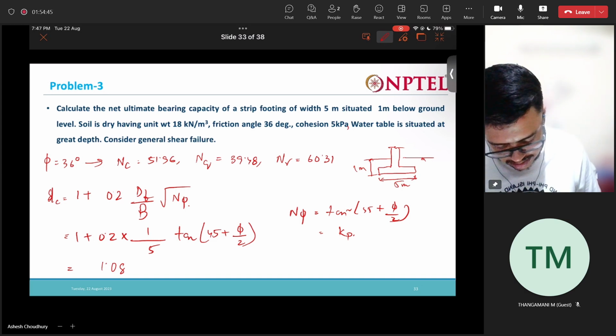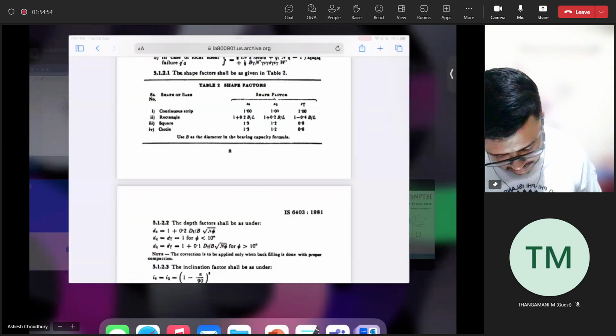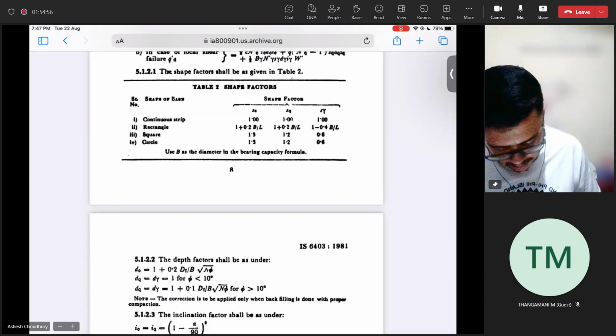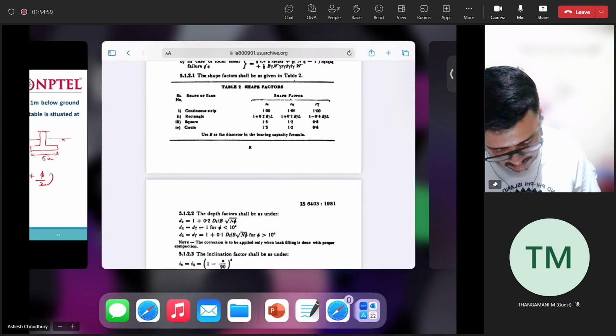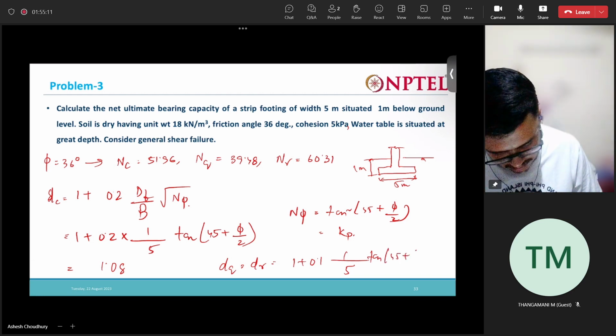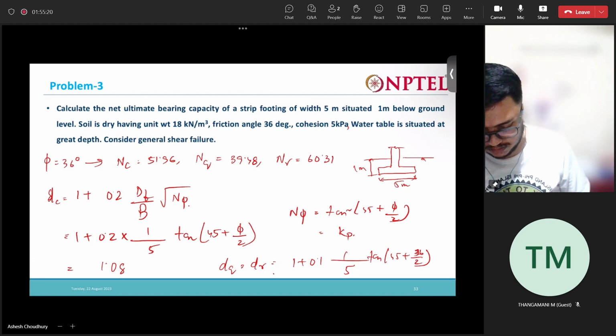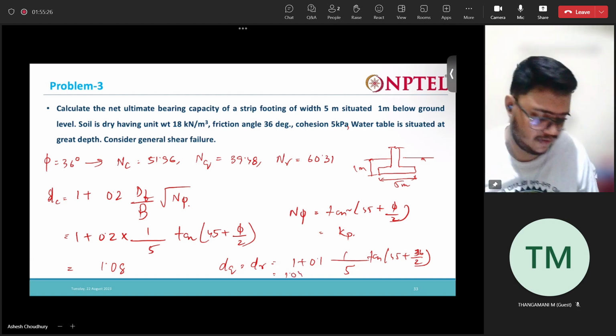The other thing that we need to determine is dq equal to dγ, which is 1 plus 0.1 Df by B, root of Nφ. This is 1.04. So close to 1, the values are close to 1 only.